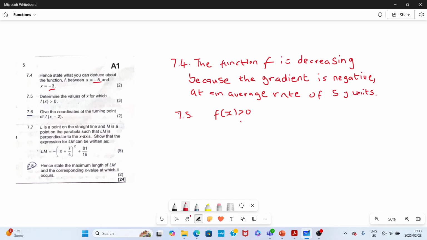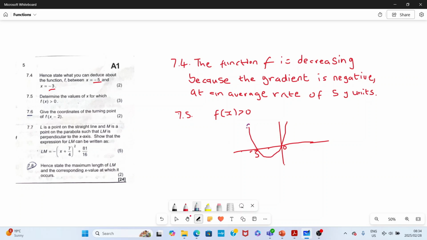The function looks something like this. You have a parabola like this, and here you have a 0, and here you have a -3.